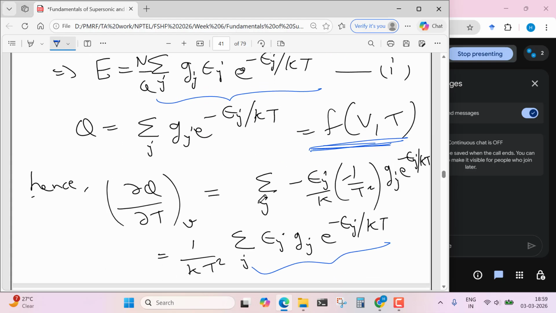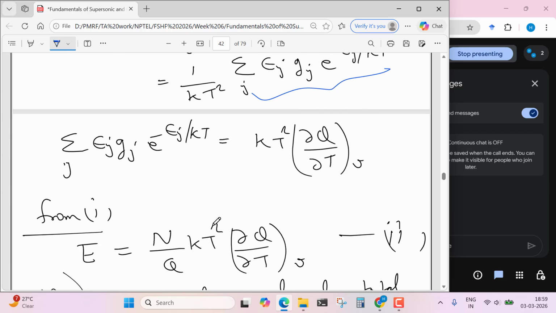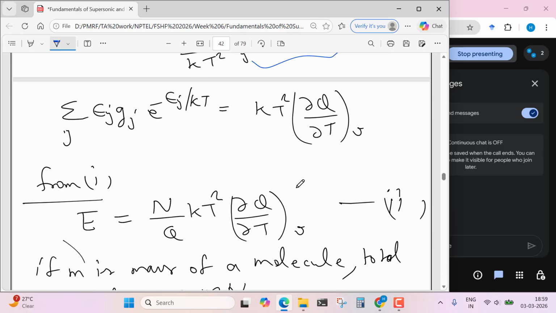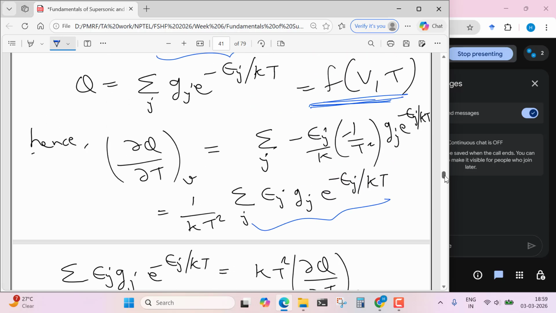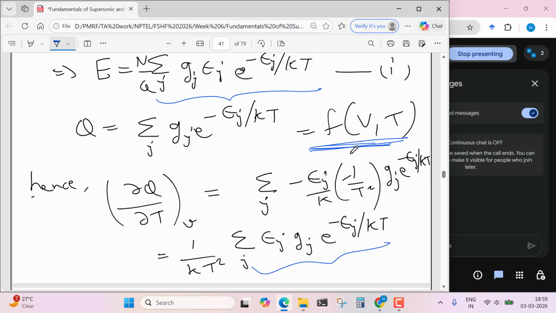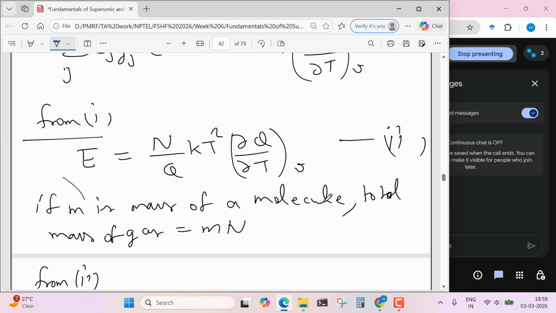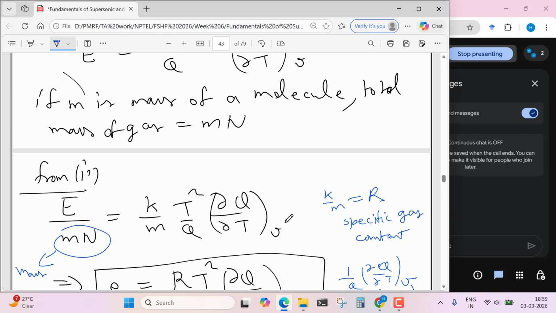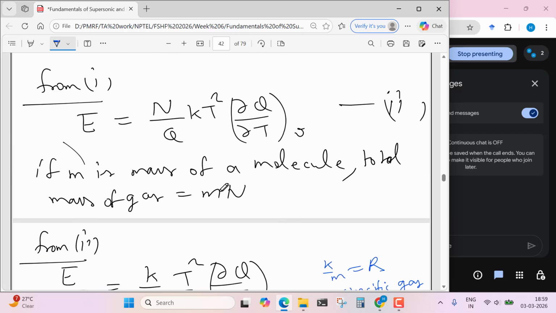So we'll get E equal to n kT square upon q dou q upon dou T at constant volume. Now this is the total energy, total internal energy. So to find it as a specific energy, we will divide it by m, mass.